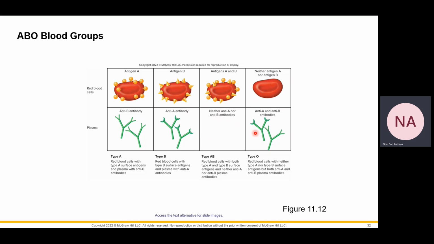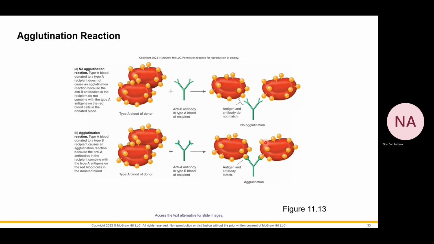Okay? So, if it is whole blood that will be transfused, meaning the cells plus the plasma, then you strictly follow the blood type. If the recipient is type A, the donor is also type A, and so on and so forth. Okay?